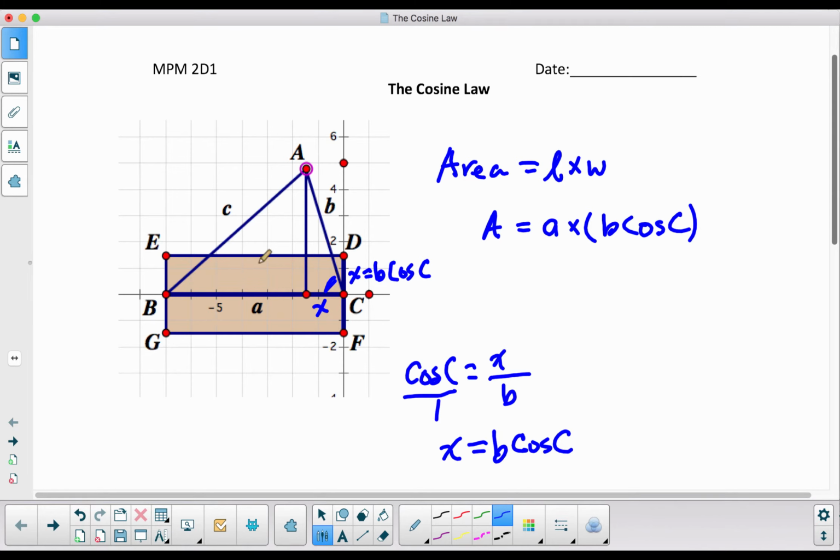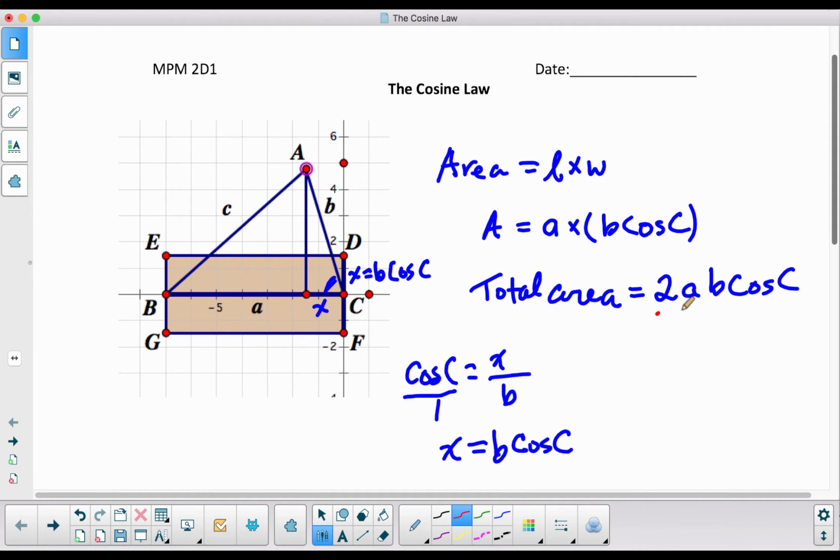And so our total area of these two rectangles would be 2 times this area. So total area is 2 times a and then times b cosine c.